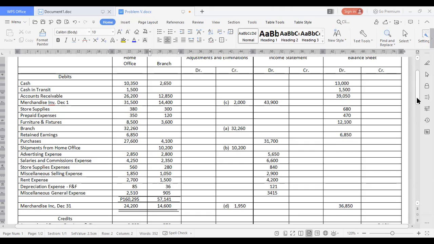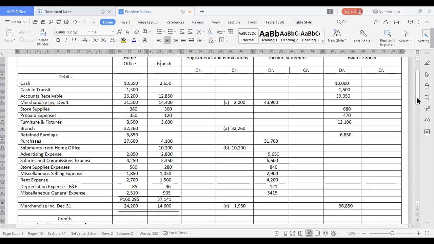So the beginning inventory is adjusted to an amount of 43,900 debit in the income statement, because it's part of your cost of sales. Then store supplies, prepaid expense, we extend to the combined balance sheet. Then our furniture and fixtures, 12,100. Branch accounts are already eliminated.